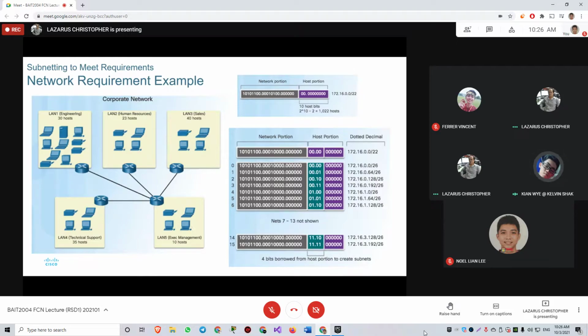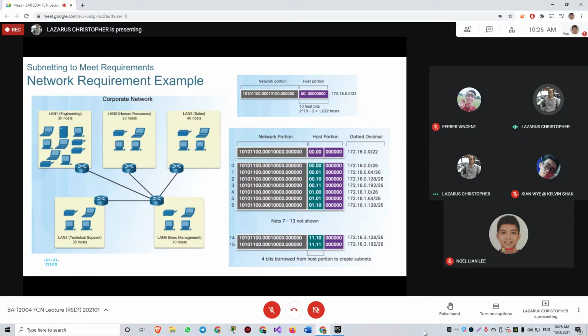We can only subnet more. The number cannot be less than the original. We're talking about the number of bits you borrow when you subnet a subnet. Of course, it can be extended. That's how you extend it.